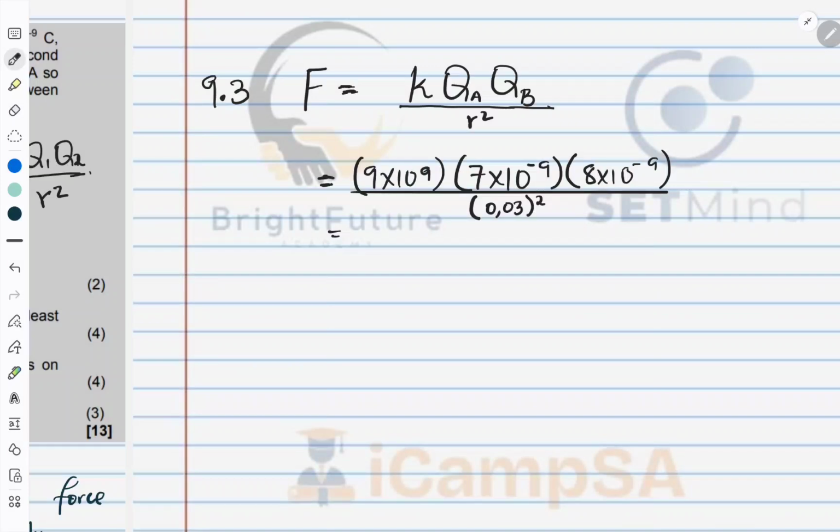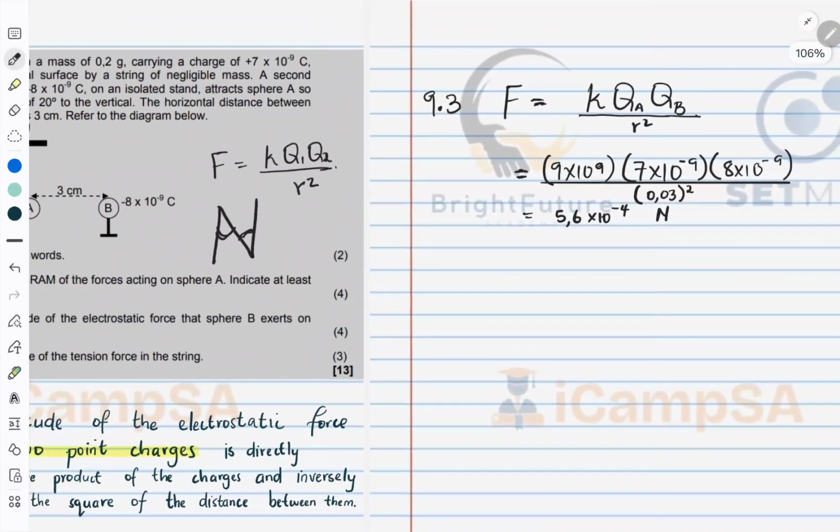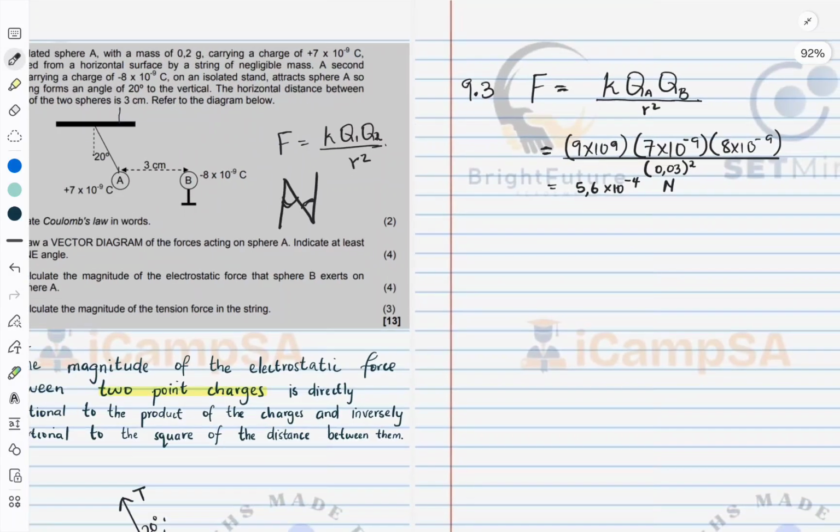Then we can find our value for our answer. I get 5.6 times 10 to the power minus 4 newtons. Force is a vector, so you are required to specify the direction.